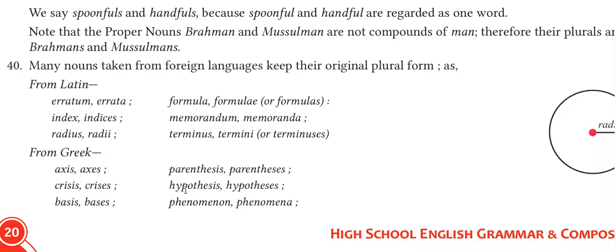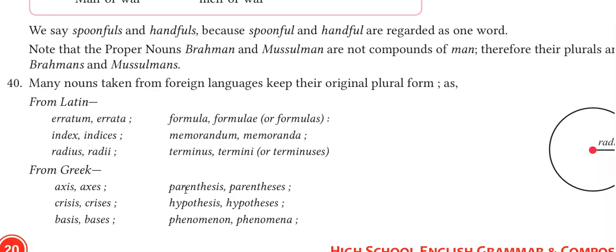And then we say spoonfuls and handfuls because spoonful and handful are regarded as one word. Note that the proper nouns Brahman and Musalman are not compounds of man, therefore their plurals are Brahmans and Musalmans.